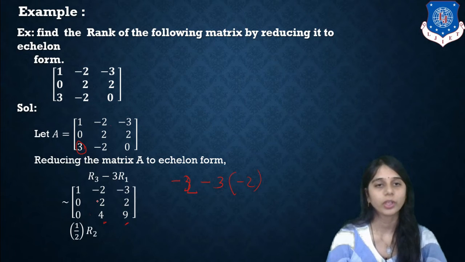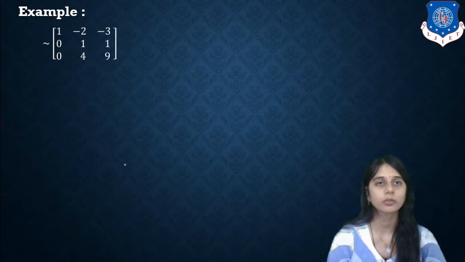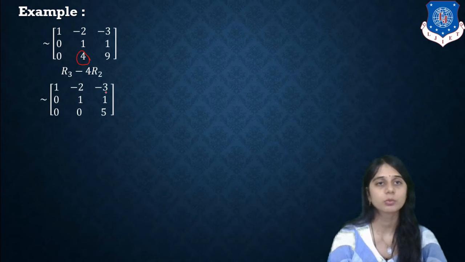Now we have to convert row 2 to have a leading 1 as the first number, so R2 divided by 2. So we get 1, minus 2, minus 3; 0, 1, 1; 0, 4, 9. Now we have to make the entry 4 into 0, so R3 minus 4R2. We get 1, minus 2, minus 3; 0, 1, 1; 0, 0, 5.